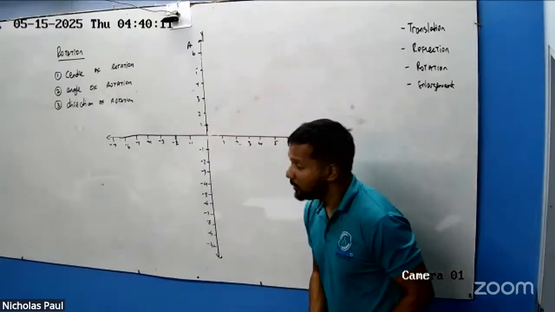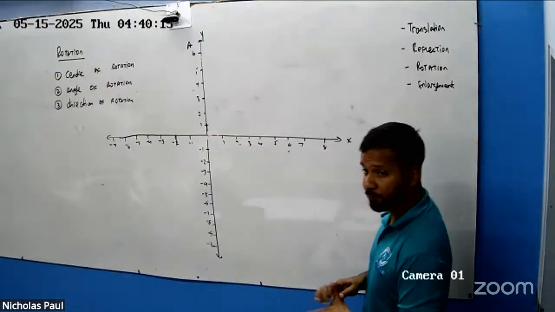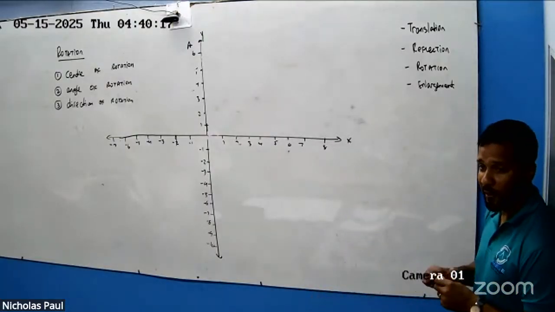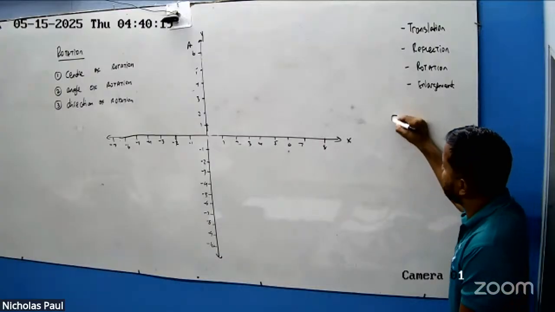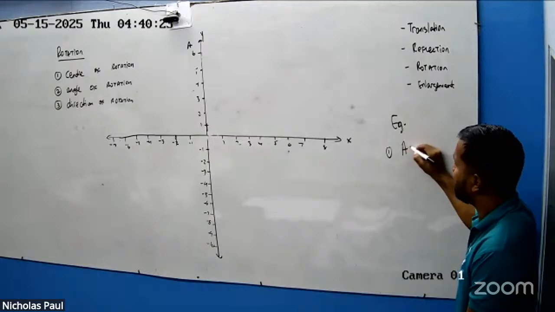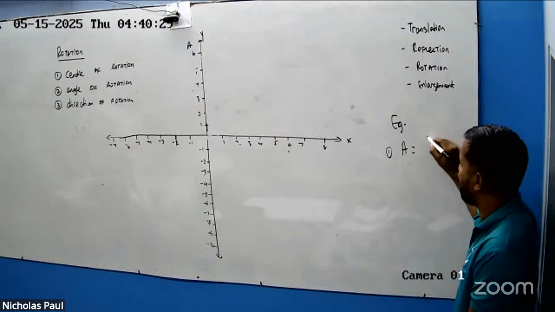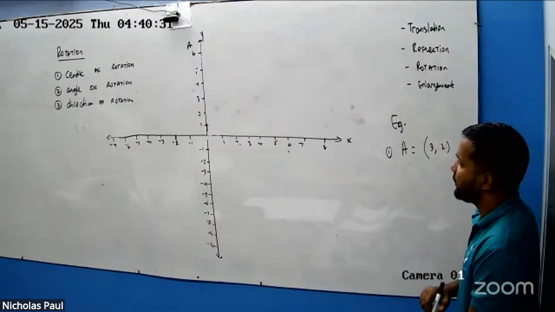Okay, so let's take a look at how to do a rotation. Okay, so watch this here. This one is a little bit harder, right? So we'll start with a small example. Let's start with A. Let A be 3, 2. I like 3, 2.